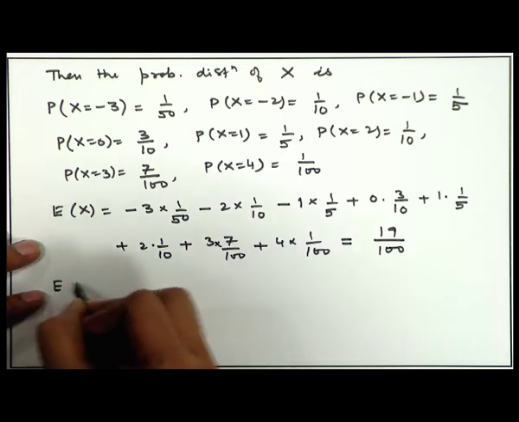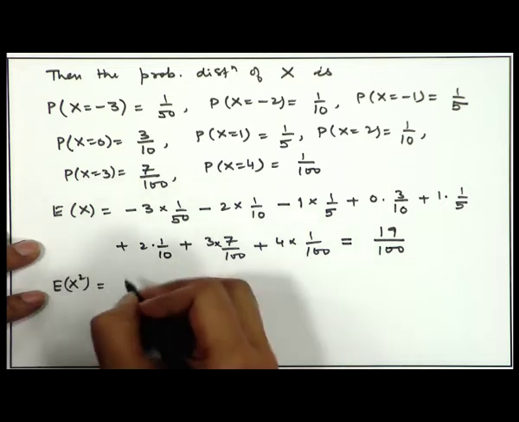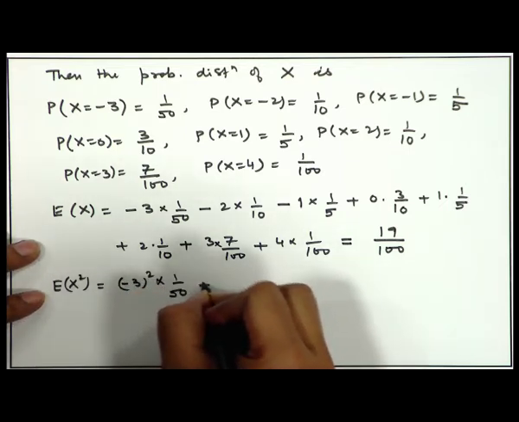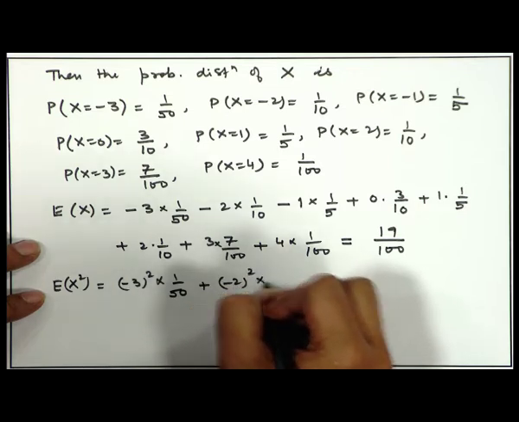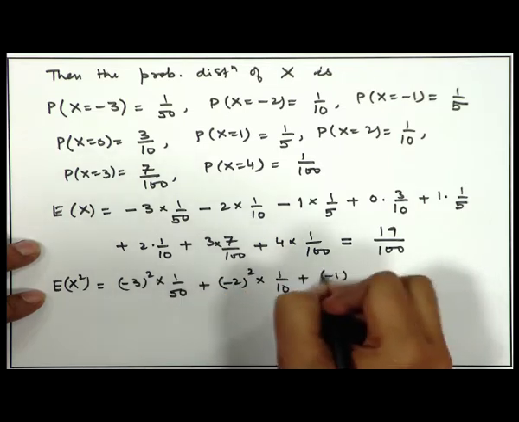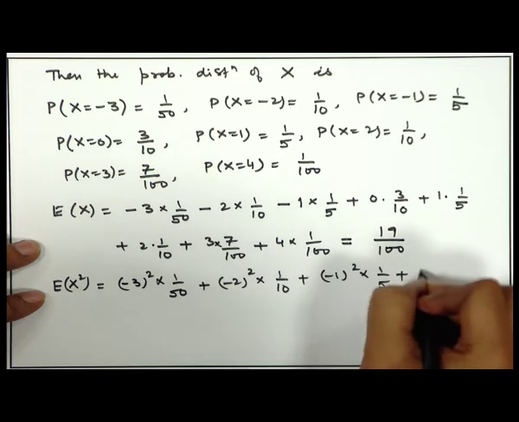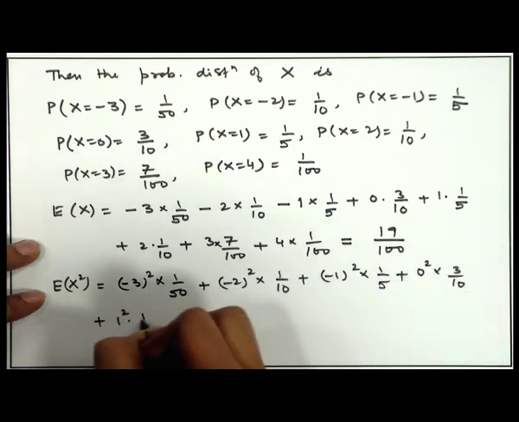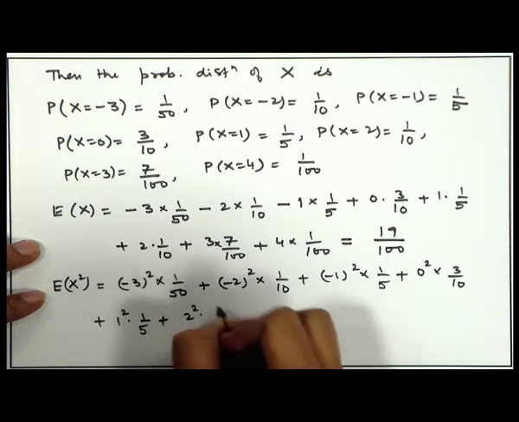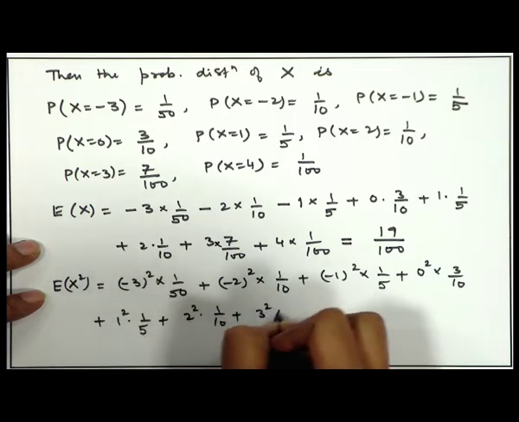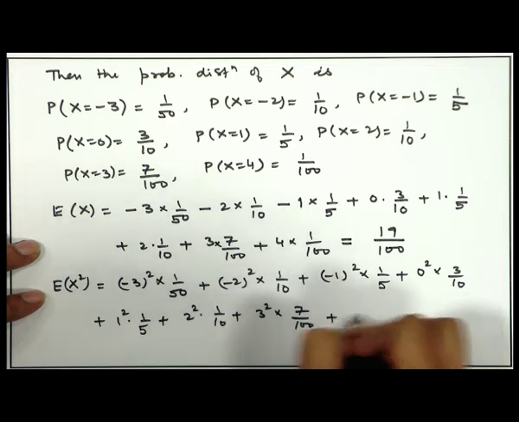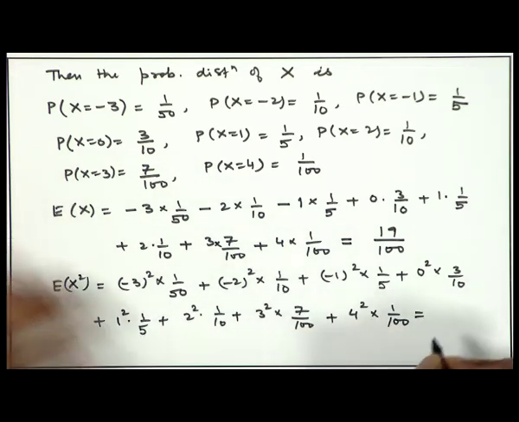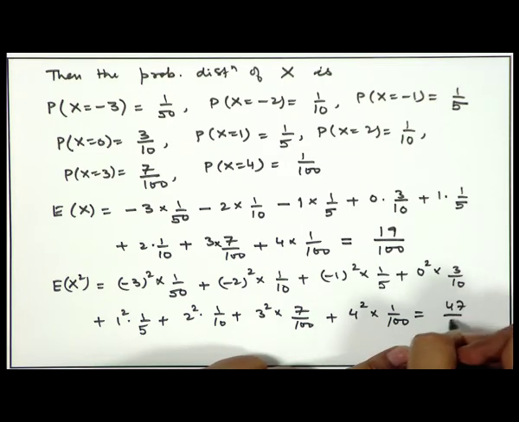So, if we apply that, we get expectation of x square is equal to minus 3 square into 1 by 50 plus minus 2 square into 1 by 10 plus minus 1 square into 1 by 5 plus 0 square into 3 by 10 plus 1 square into 1 by 5 plus 2 square into 1 by 10 plus 3 square into 7 by 100 plus 4 square into 1 by 100. So, if we evaluate it, this turns out to be 47 by 20.